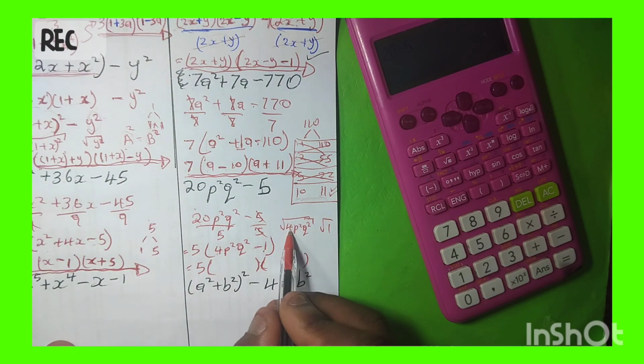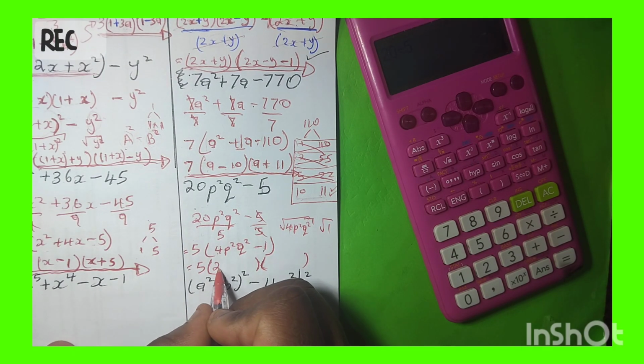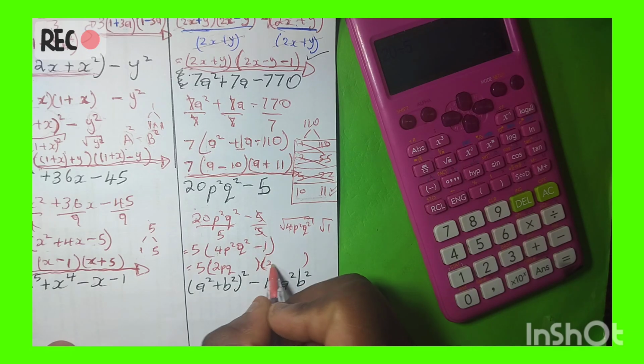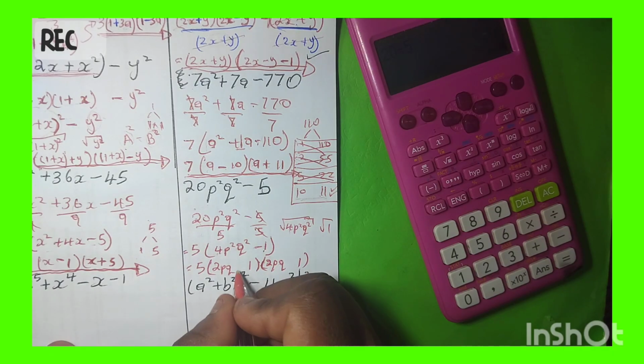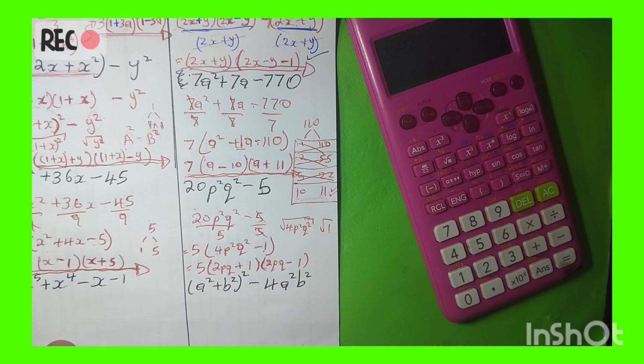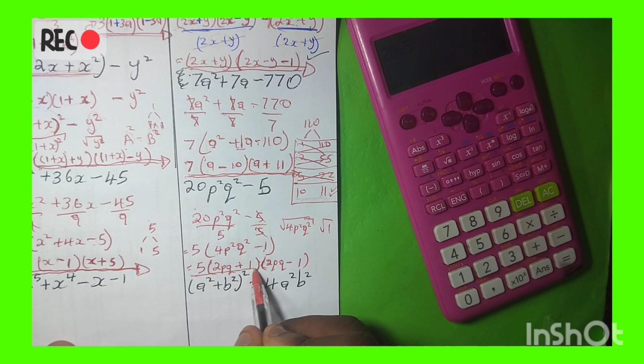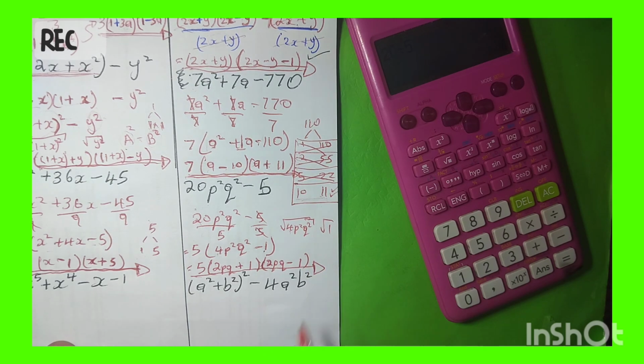The square root of this will be 2pq and 2pq, and the square root of that one is 1 and 1. Then you just say plus or minus. All of this is your final answer, because inside these brackets there is nothing that you can do. You cannot take the square root of 2, and you cannot have those exponents.